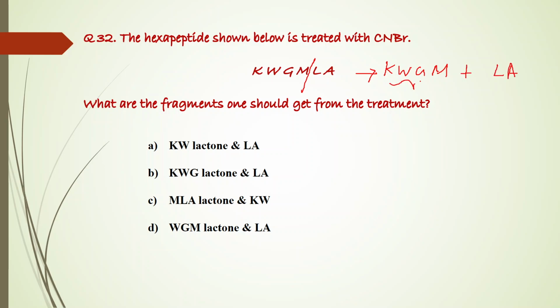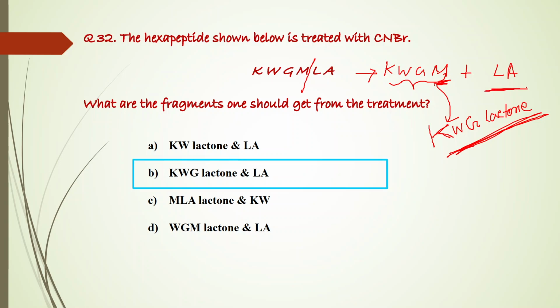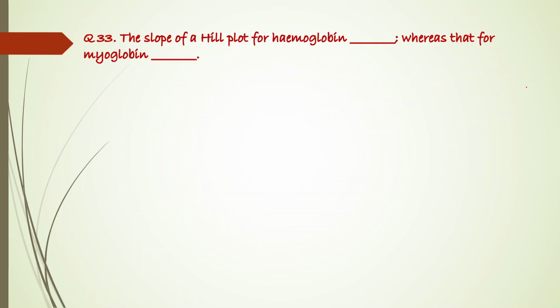Now after it breaks at the methionine site, it forms a lactone, so we end up with KWG lactone. The M is removed and we end up with the lactone. So now you will have KWG lactone plus LA. So the correct option for this should be option number B, KWG lactone and LA.